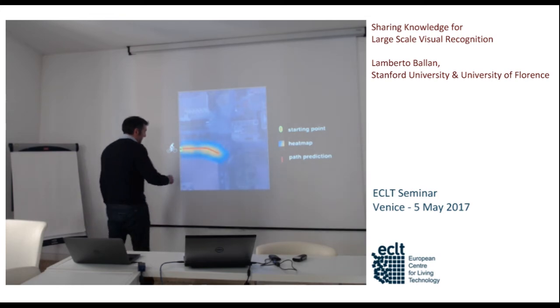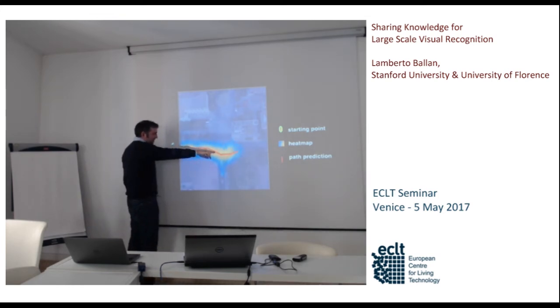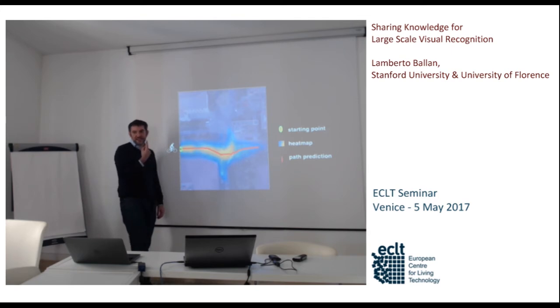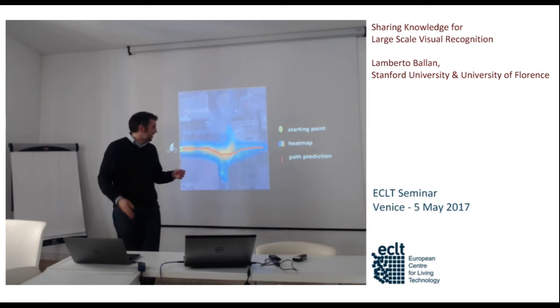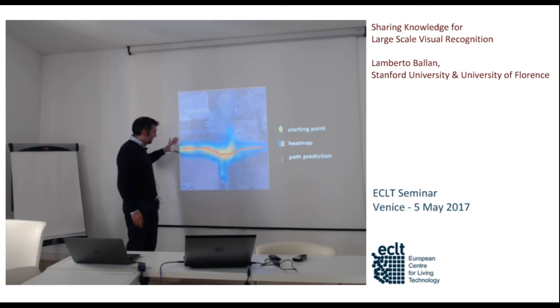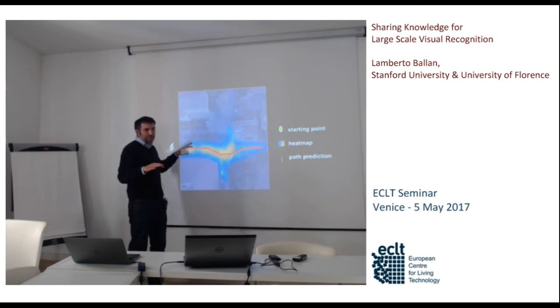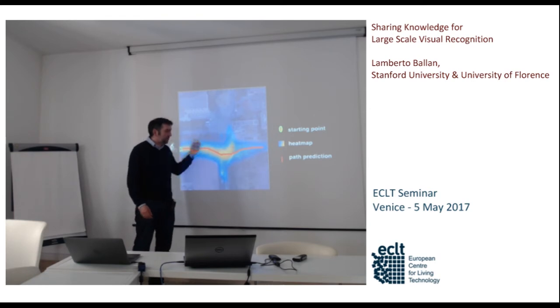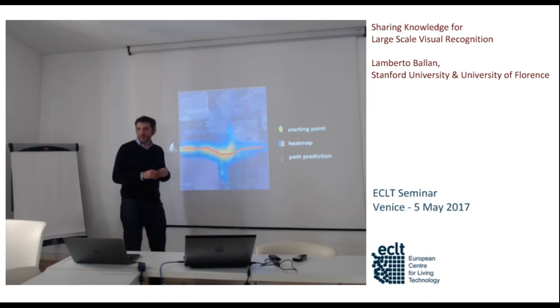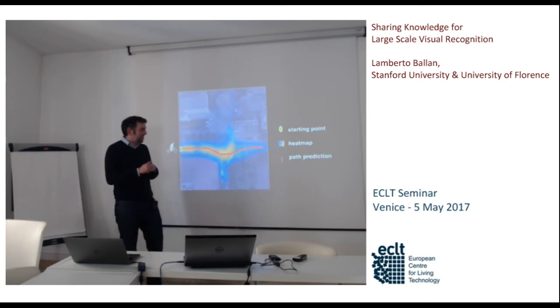At the end, we are predicting one trajectory, because this is the setting where the other works have been conducted. But actually what we are doing is estimating probability over the space. So we are plotting the most probable path, but we actually have a more general navigation map.